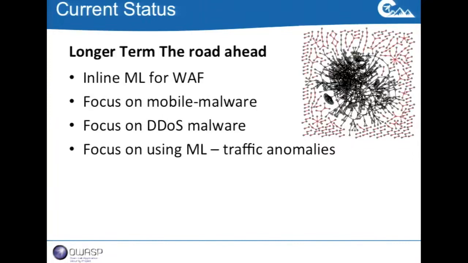There's well-established theory about this. There are nice clustering mechanisms by which you can quickly identify groups of bad nodes and try to segregate them easily. So that's, again, something that we are trying to do. And the last thing is we want to do this inline machine learning at line speed for WAFs. Extremely challenging, but that's our goal.